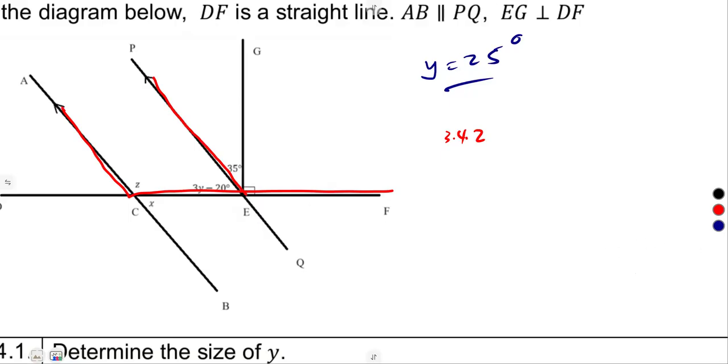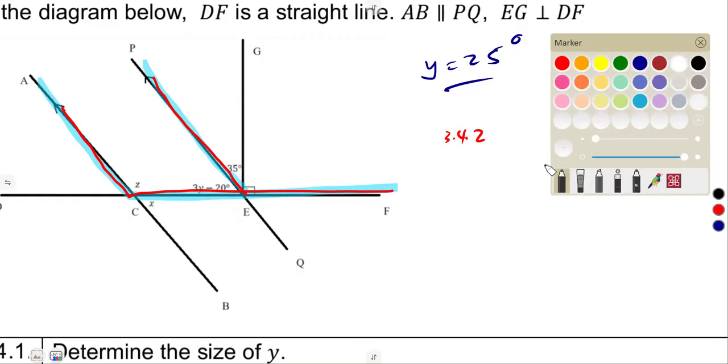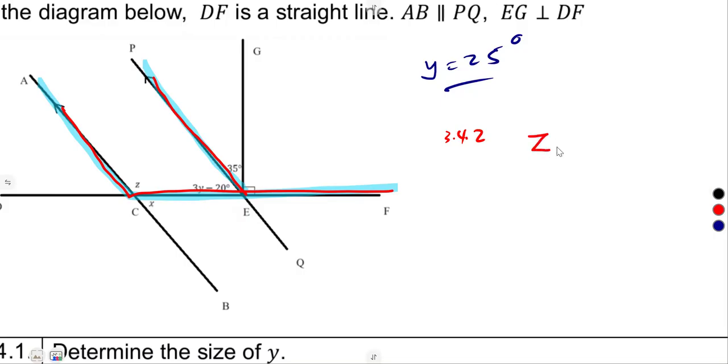As we can see, we are forming F angles like this. We are forming an F here. So we can even use corresponding angles, as the angle Z will be equal to the one that is outside of the parallel lines. Remember, your F angles, one is inside, one is outside.